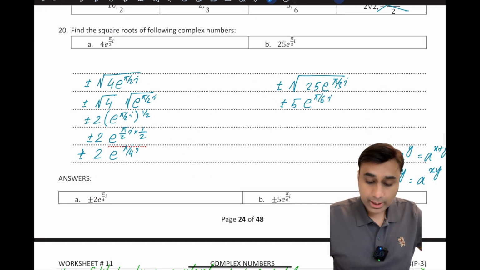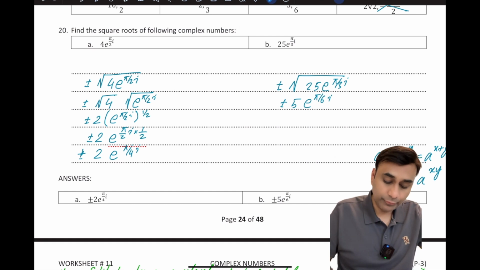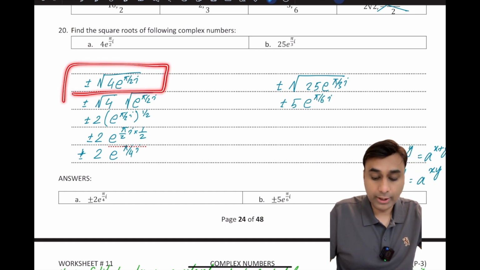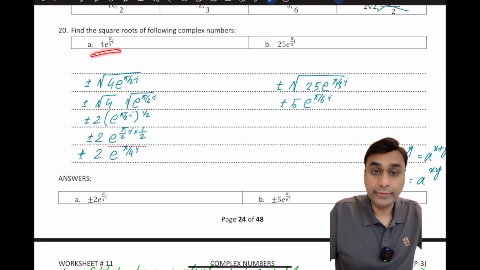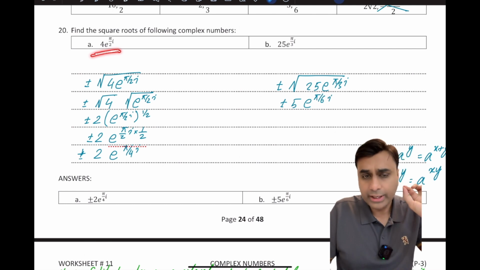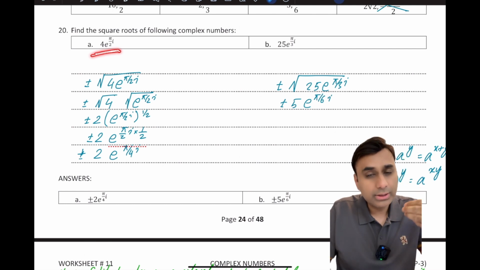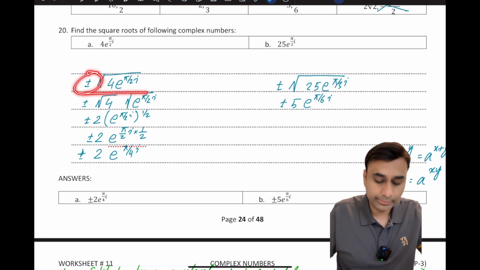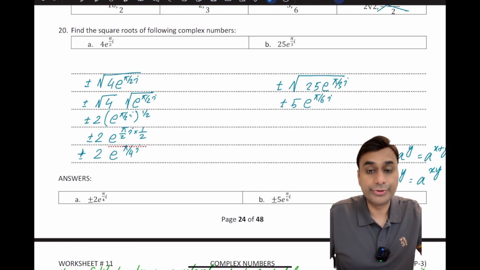And not just that, although I have mentioned it before, this exponential form is very, very useful for finding the square root as well. Whenever you have to find the square root of any complex number, even if it's given in the rectangular form, just rewrite it into the exponential form and in one step take the square root and add a plus and a minus, because when you take a square root you get two possible answers. So you will get your answers instantly, even for square roots.